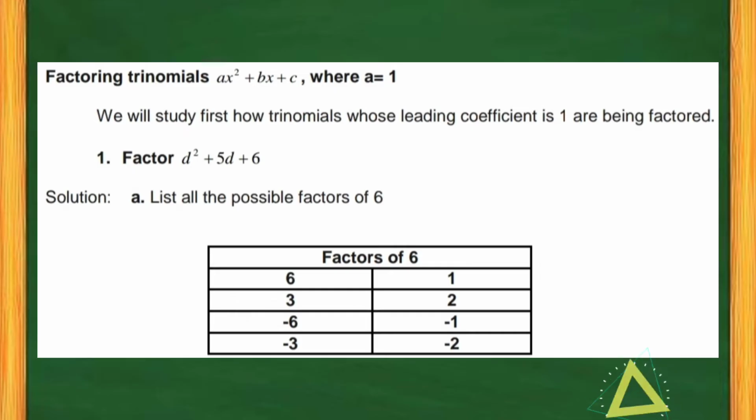Ulitin natin for this step, sabi dyan, make a list. Ilista mo lang daw yung mga factors or yung mga numbers na pag pinag-multiply mo ay bibigyan ka ng positive 6. So, ayan na po yung mga factors na magbibigay sa atin ng positive 6.